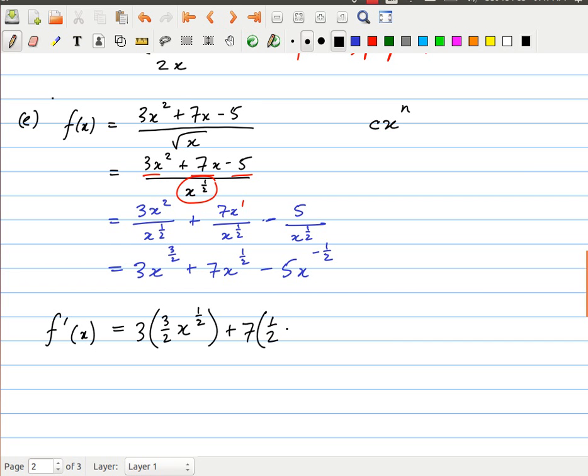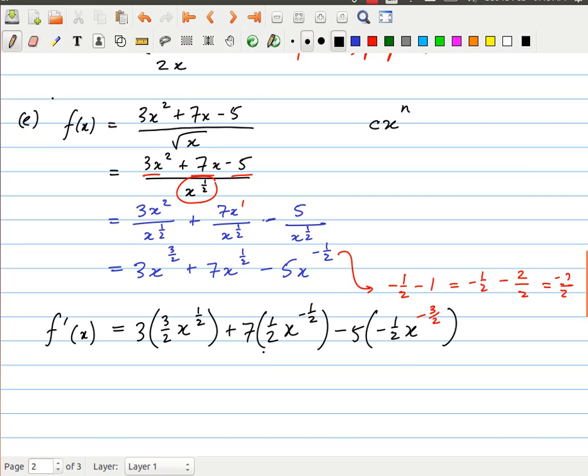That's going to be 1/2 x to the 1/2 minus 1, which is the negative 1/2, minus 5, and then I take the derivative of this one, which is going to be negative 1/2 x to the, and now I'm going to illustrate that one in a little more detail: negative 1/2 minus 1 is equal to negative 1/2 minus 2 halves equals negative 3 halves. So this is going to be to the negative 3 halves for that exponent.